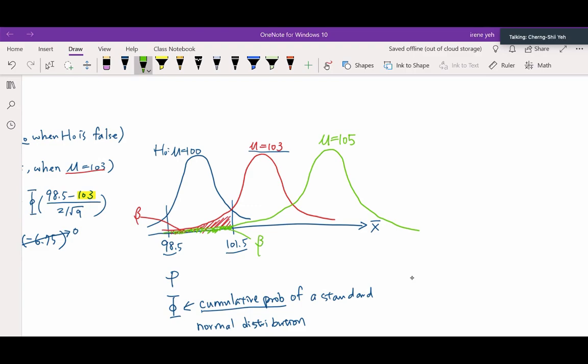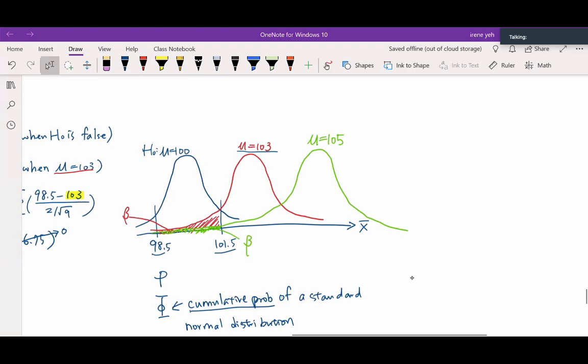But if your process is shifted so far away, 105 instead of 100, we should have a fairly high probability to detect that shift in our process, rather than risking it and shipping it to our customers. So when it's further out, the probability of making type 2 error is much lower. So here I wanted to write the beta, sorry, to be consistent with our color.